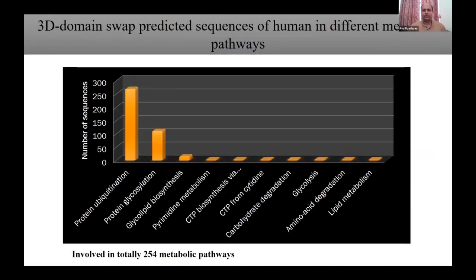Similarly, we looked at the enrichment of these domain swap cases in different metabolic pathways, and we found that protein ubiquitination or protein glycosylation pathways are highly enriched in domain swap cases, whereas there are many more metabolic pathways where these proteins were involved. In total, we reported 254 metabolic pathways where these domain swap cases were present.